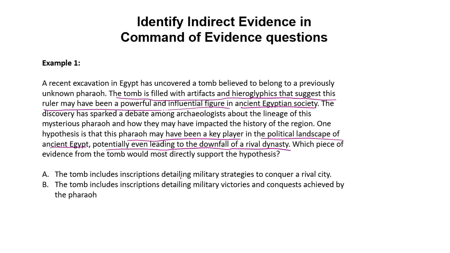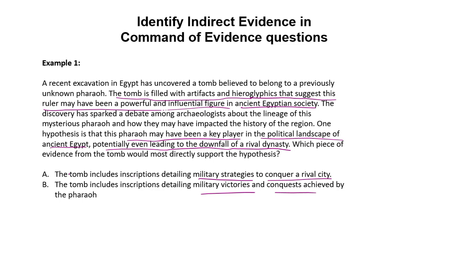Now looking at the answer choices, there's not a lot of difference, right? But you will see the difference nonetheless. The first one says the tomb includes inscriptions detailing military strategies to conquer a rival city. The second one says the tomb includes inscriptions detailing military victories and conquests achieved by the pharaoh.